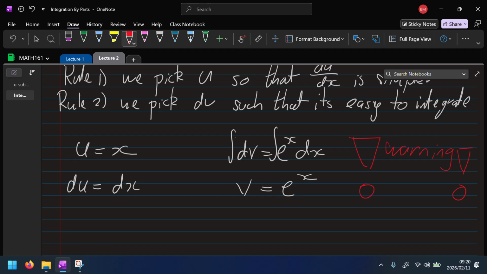On the right side there is an integral. Now the problem comes, what happens if u is sine x and dv is cos x? You tend to mix up the minus signs. On the one side is a derivative. You need to follow the derivative rules. On the right-hand side is an integral. You need to follow the integral rules.